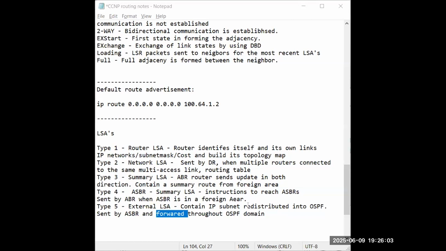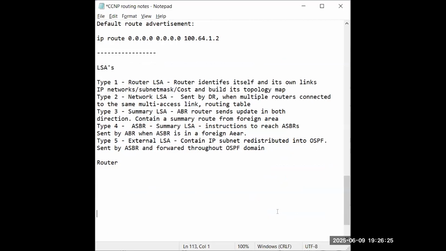That's what you have to keep a hint of: the LSA types, router, network, summary, which is nothing but ABR, then comes the ASBR. First, what you see is a router, okay? Then what do you see? In the router, networks are advertised. Many networks, that is network LSA. Then after the network advertisement, what comes in the OSPF?